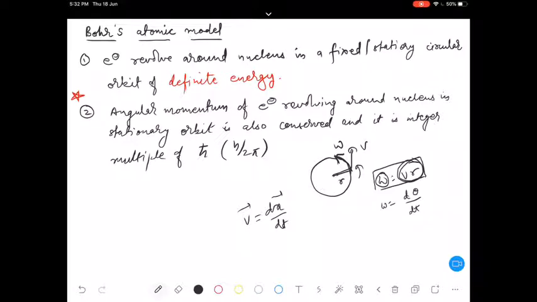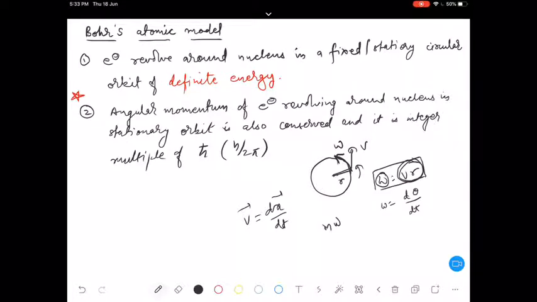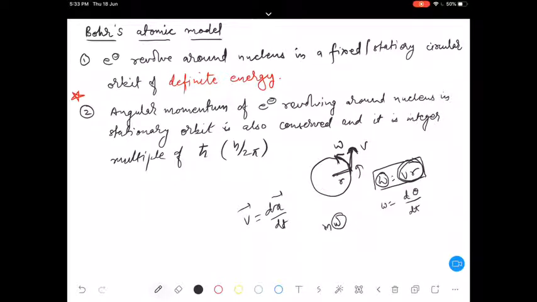So now here we are saying, angular momentum can be written as m omega, or omega in terms of linear velocity. I'll be defining things in terms of linear velocity only. So this angular momentum I can write as mvr. Is that correct? That will be an integer multiple.